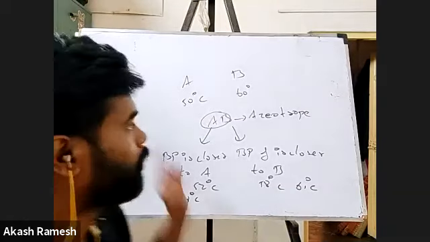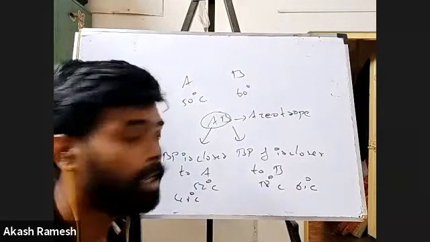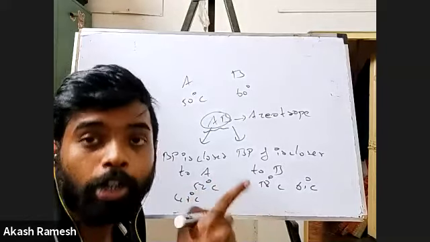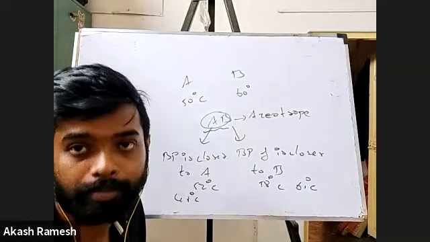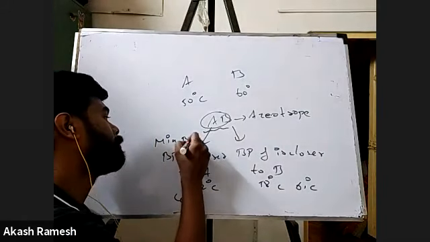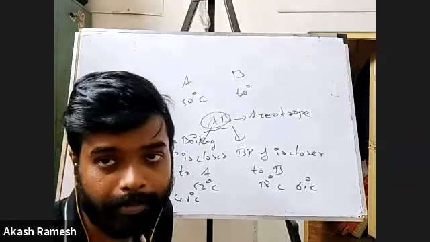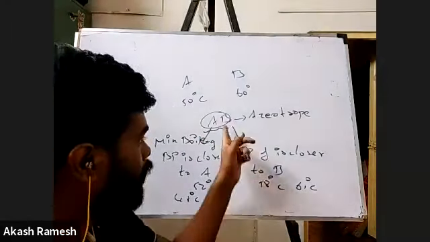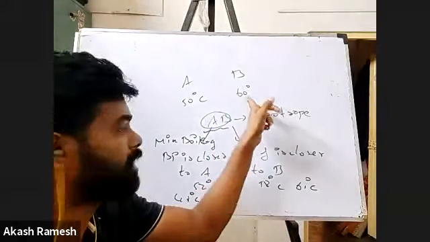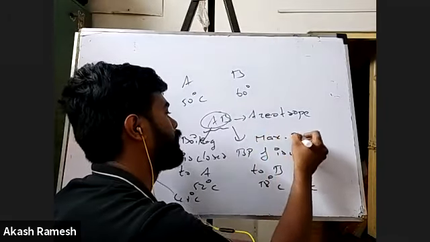So the smaller number is 50, the bigger number is 60. If the azeotrope's boiling point is closer to the smaller boiling point, then I call it a minimum boiling azeotrope. But if the boiling point of the azeotrope is closer to the liquid with the higher boiling point, in this case 60, then I call it a maximum boiling azeotrope.